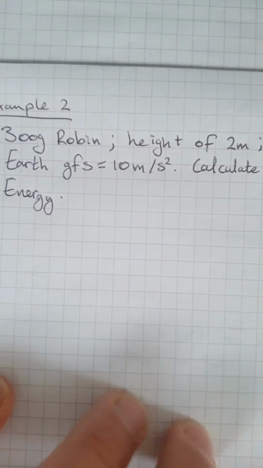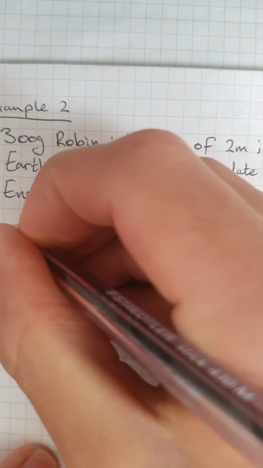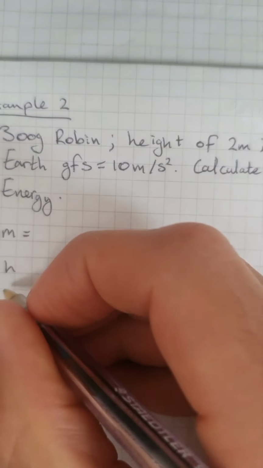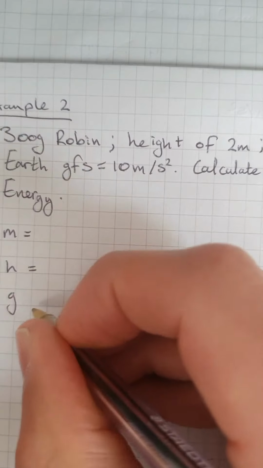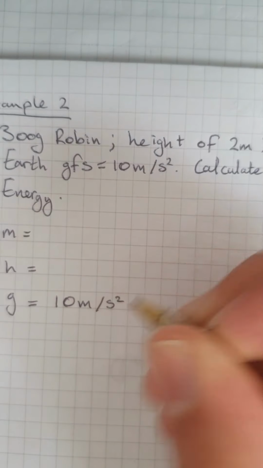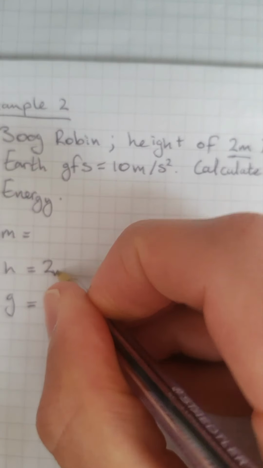Now, this one here is only ever so slightly trickier than before. Again, we have our mass, we have our height, and we have our G. Our G is the same, which is 10 meters per second squared. Our height is 2 meters. Our mass this time is 300 grams.